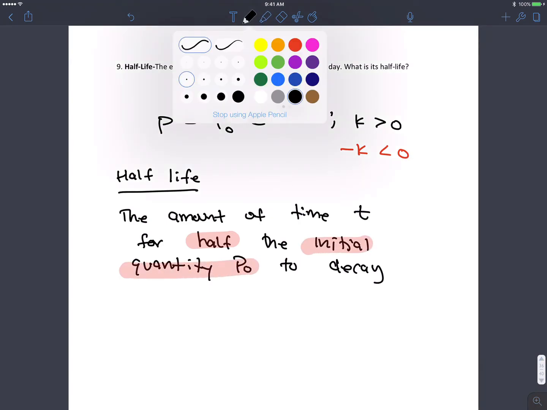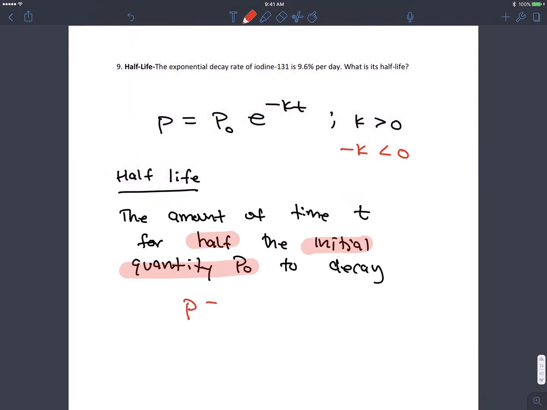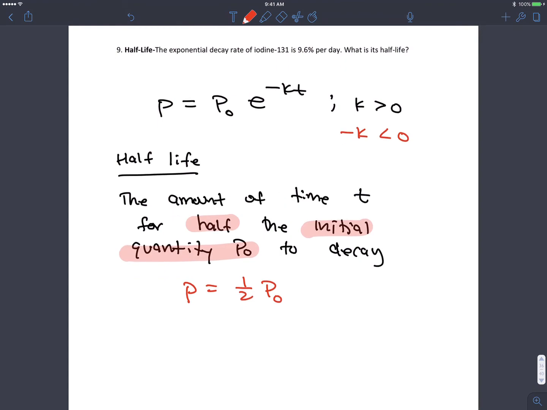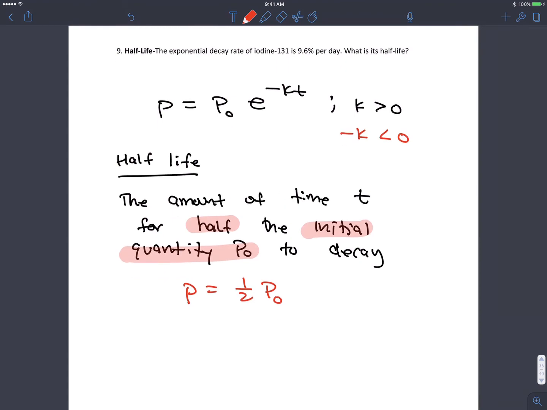That means, in red, P is 1/2 P naught. Okay? Now, this is a half-life question. We talked about half-life. What we're going to do here now is, this P is going to be replaced now with 1/2 P naught.